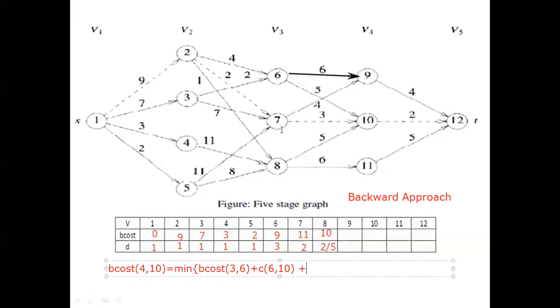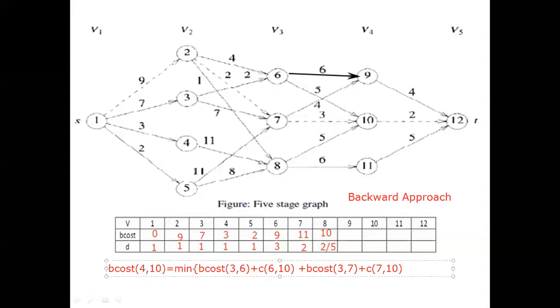Next we go with 7: B cost of 3, 7 plus C of 7, 10.